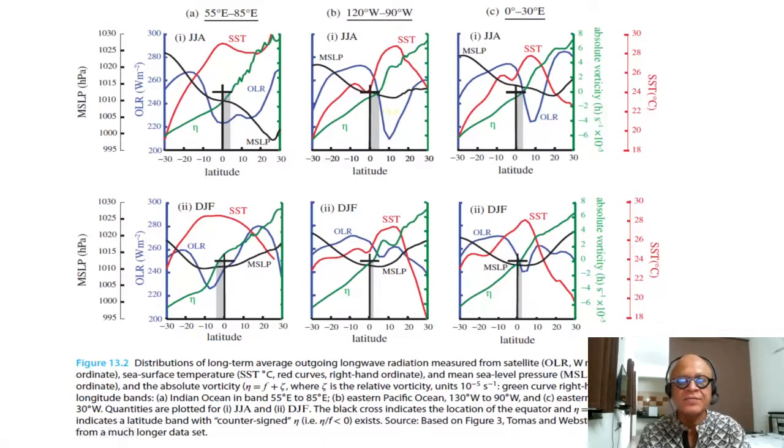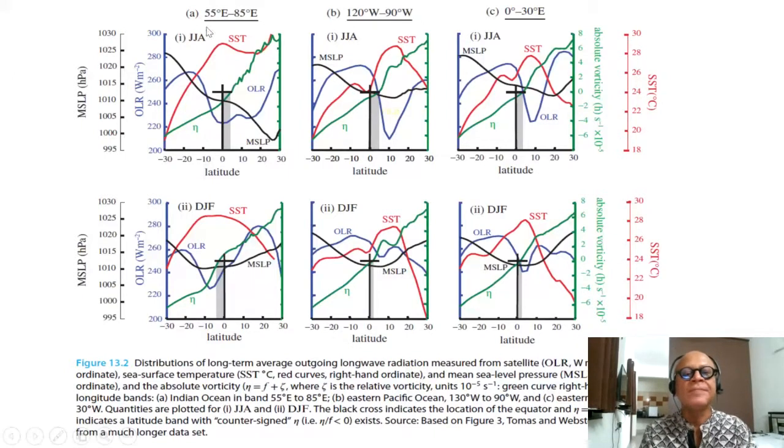The gray band with countersigned eta exists in this region where eta or f is less than 0. So either go from here to here or here to here, you end up with eta or f less than 0, which we will use as a proxy for instabilities that exist that are important for convection.